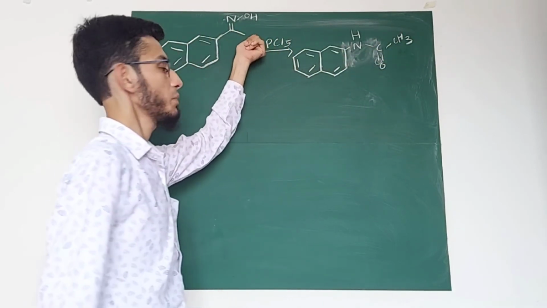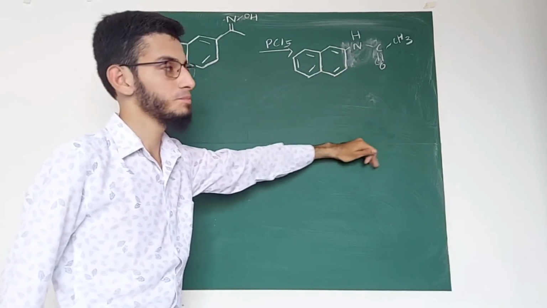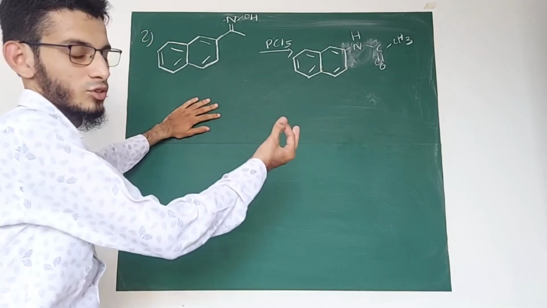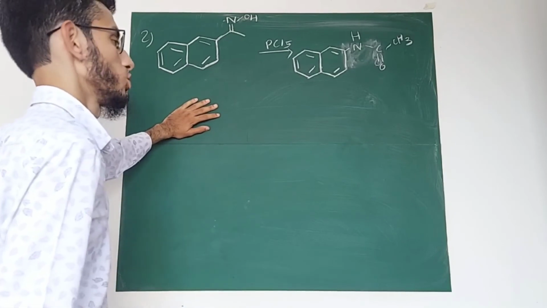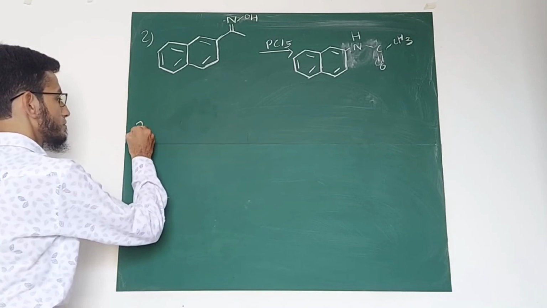The remaining CH3 group will attach to the CO group. We will get a substituted amide. So this is the product. Let's go to the third example.